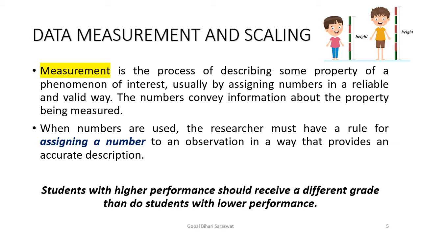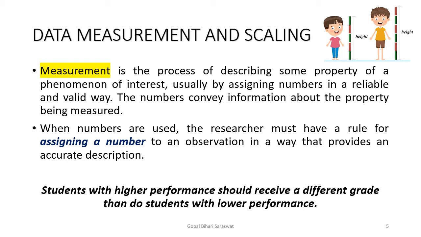If you want to take data on the marital status of a person, you may use bachelor and married as 1 and 0. Likewise, we generally try to give numbers to our data, and this process is considered under measurement.